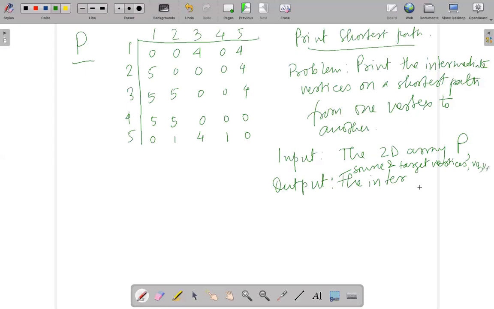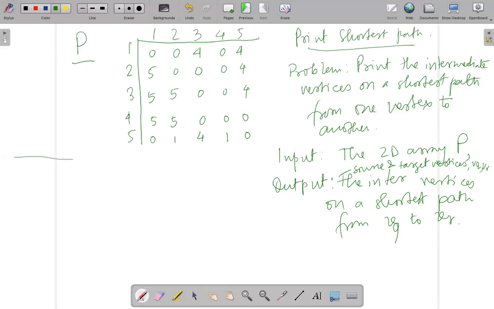Output the intermediate vertices on a shortest path from VQ to VR. Okay, so how do we write the code for this?